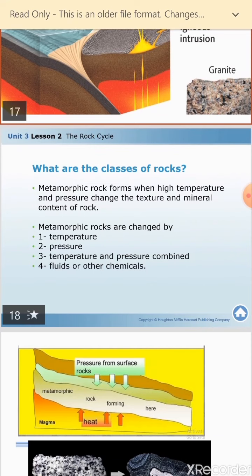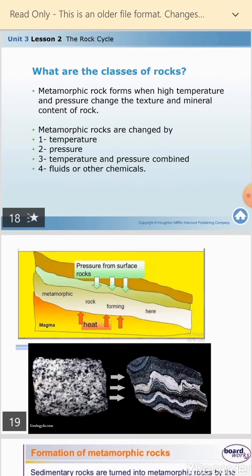The metamorphic rock can be formed in many ways, but the most familiar causes are the high temperature and pressure, or in other words, the heat and the pressure, also very, very deep in the layers of the earth.